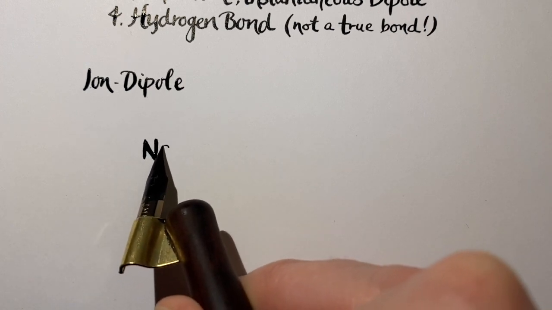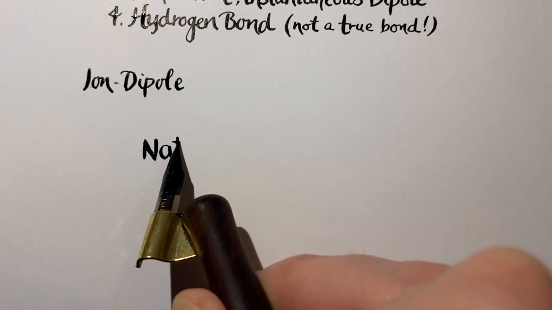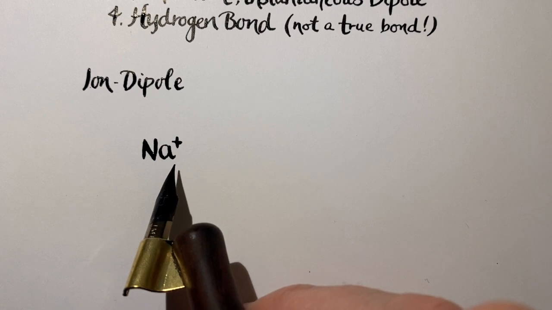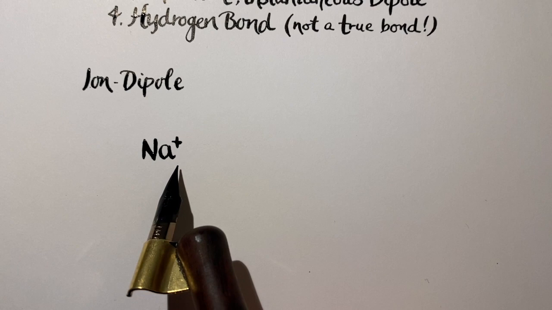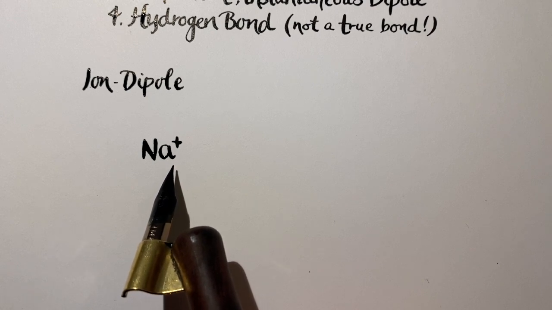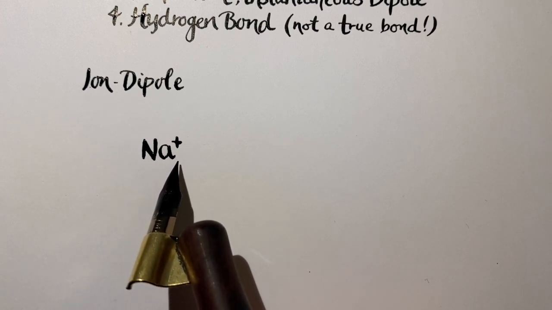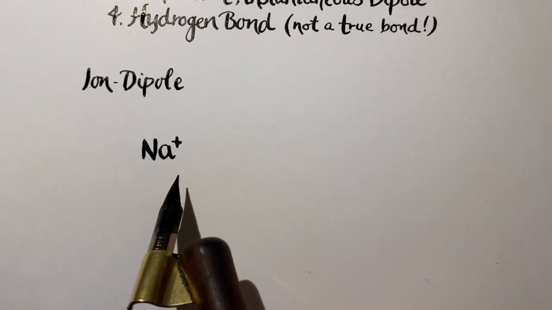So I'm going to use sodium ion as an example of our ion. So sodium is positively charged after it loses an electron. It becomes an ion. And so this is how it exists in something like table salt.